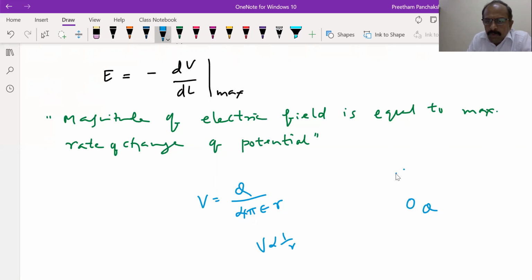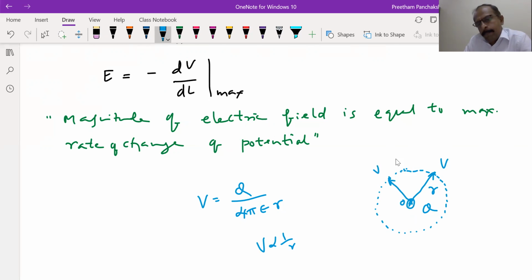If you choose a spherical surface taking the charge at the center origin, then the radius can be R here. The potential is given by the V. And if you find the potential due to the same charge at another point on the sphere, there also potential is same.